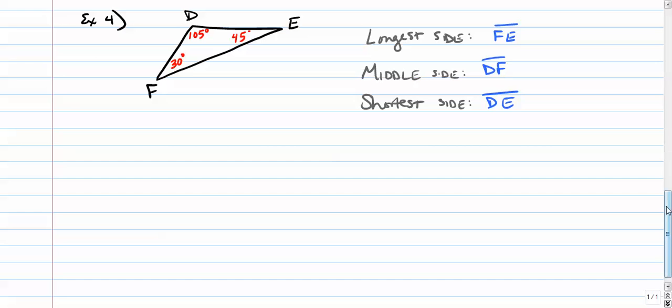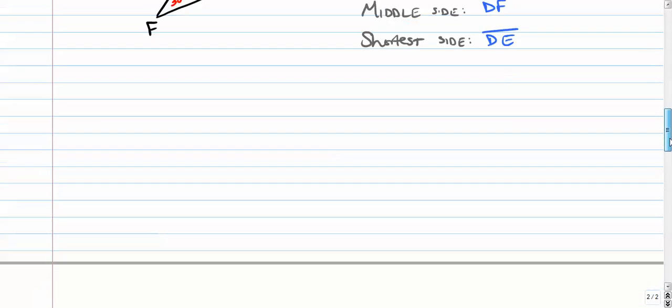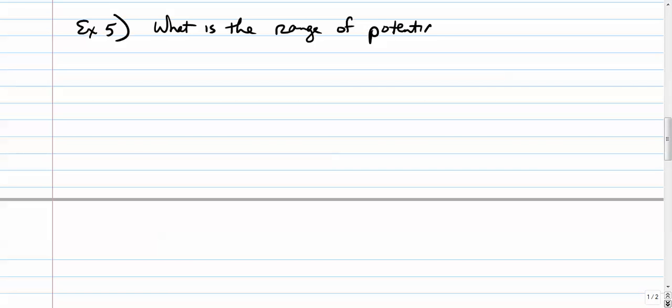And one more thing I'll mention while we're talking about triangle inequality stuff: sometimes you'll be asked a question about the potential range. What is the range of a potential third side?